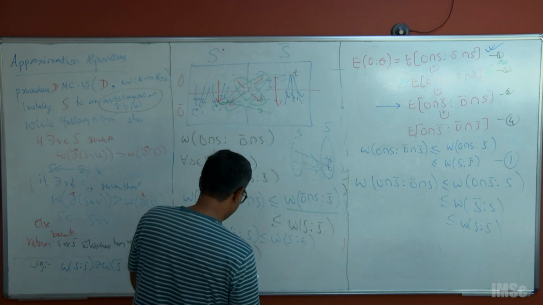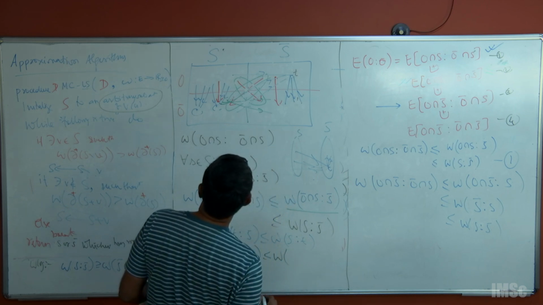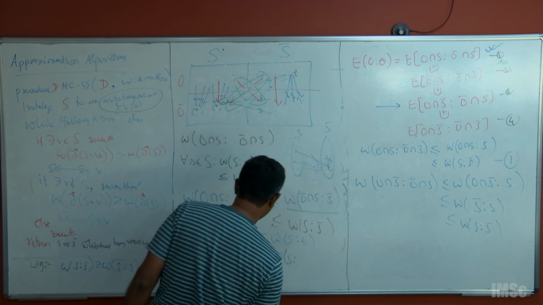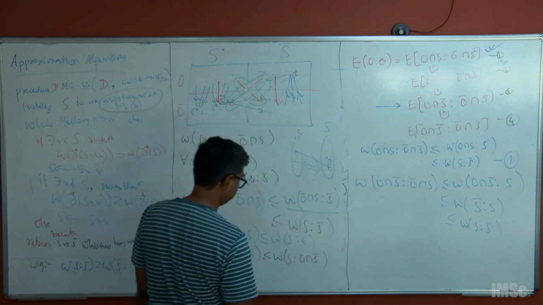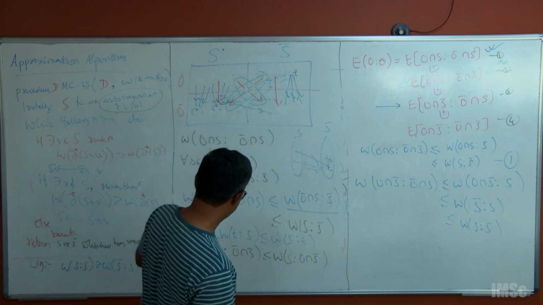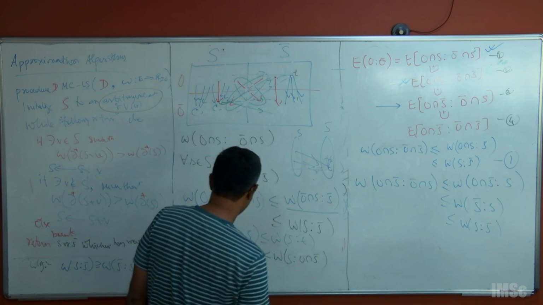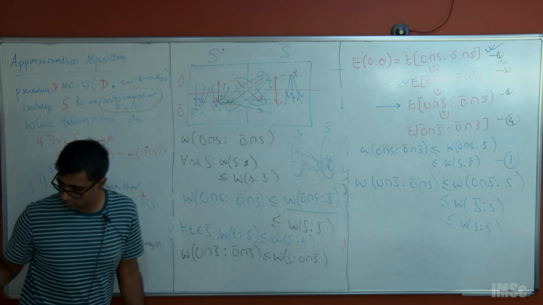So that is less than or equal to weight of O bar intersection S bar. Is that fine? Yeah, this is exactly what it is.